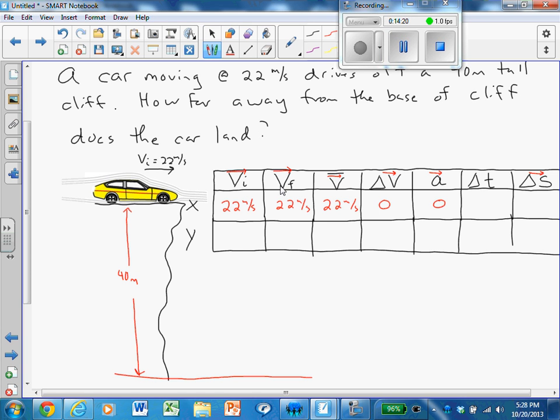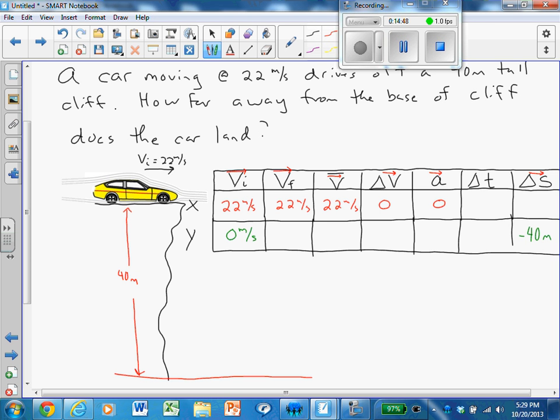Vertically, we know our original speed is 0. We don't know the final speed. We do know the height of the cliff vertically would give us a minus 40 meters because that's how far down in the y direction we're going to move. So you see how we're breaking these up into y and x directions.